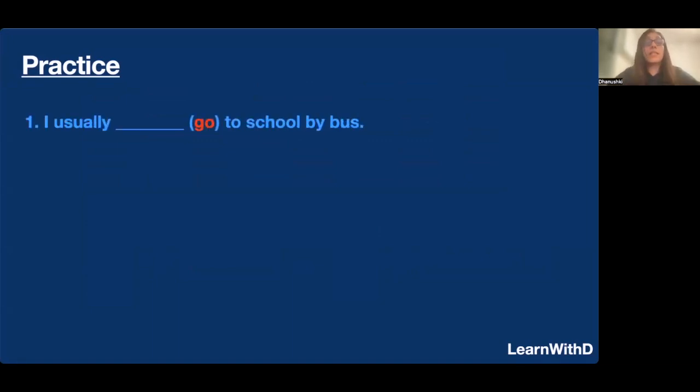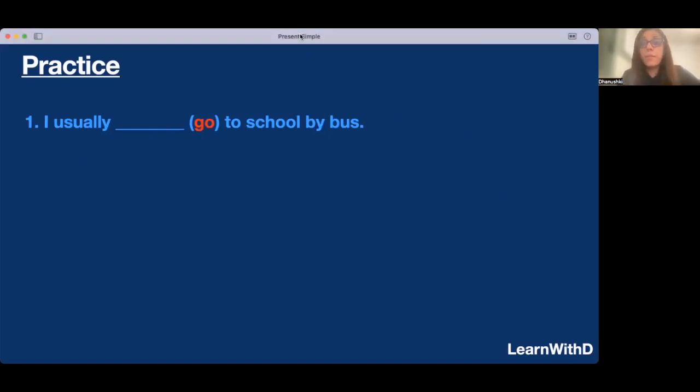So now let's do a little bit of practice. I'm going to put a sentence on the board and give you 5 seconds to write the answer, and then I'm going to give you the answer. Let's look at the sentence. I usually blank, the verb is go, to school by bus.